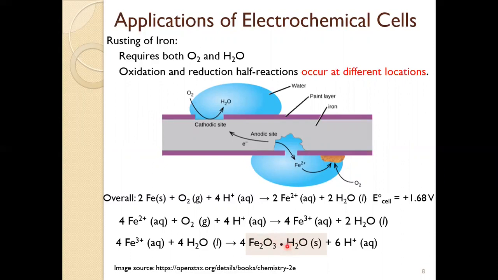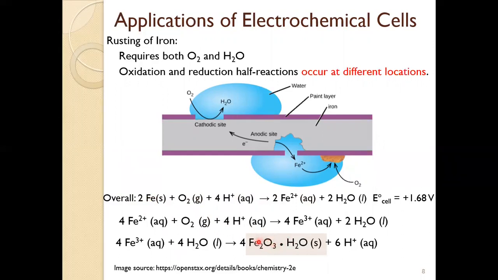And even though this is a solid substance, like the original elemental iron is solid, it doesn't have the same properties that the iron does. It's not as strong of a solid substance as iron. So as a result, this overall spontaneous redox reaction is weakening the substance, because it goes from a stronger elemental iron substance to a weaker iron rust substance.